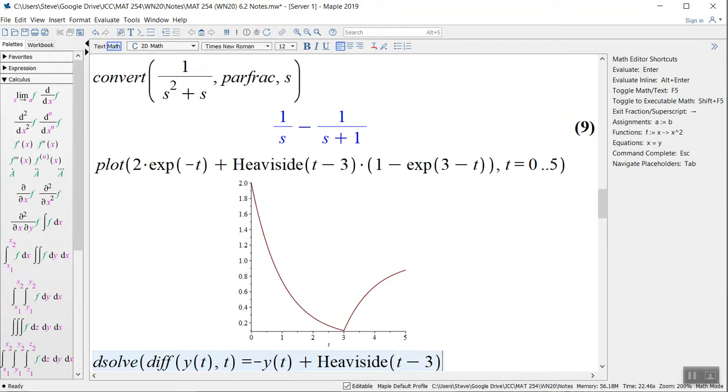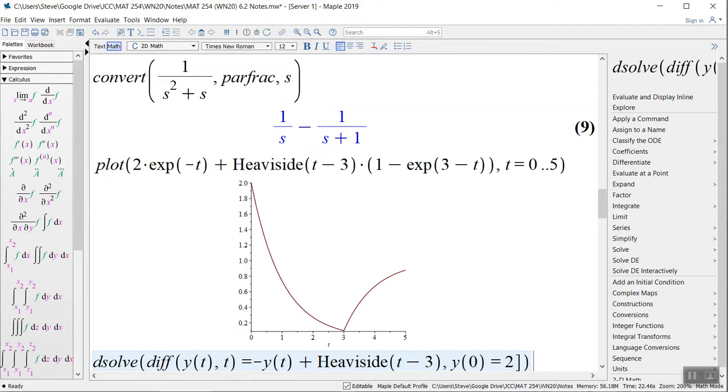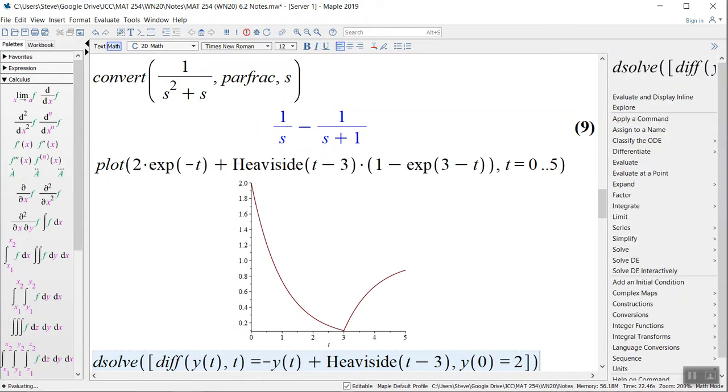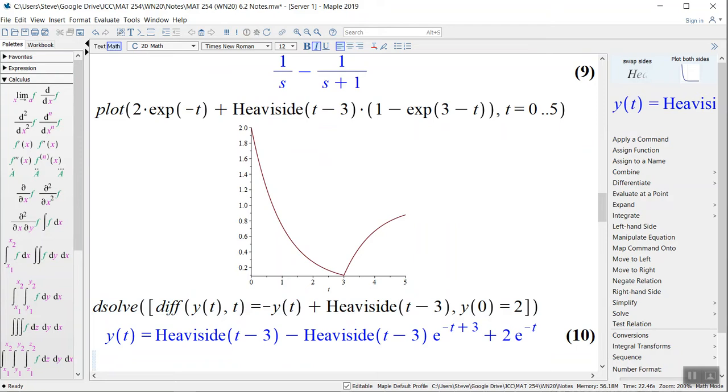And then we also have an initial condition of y of 0 equal to 2. Close my bracket. I actually have to add an initial bracket. And Maple says, yep, I gotcha. And sure enough, that's exactly what we spot when we solve the problem ourselves. So Maple's capable of solving with Heaviside in the original differential equation.